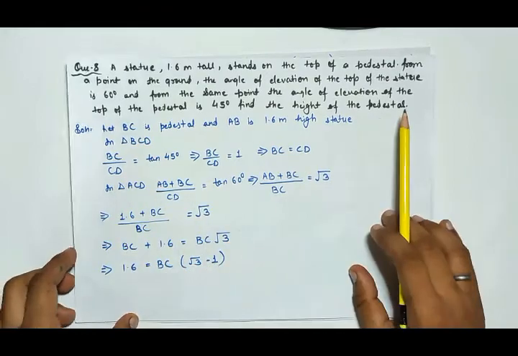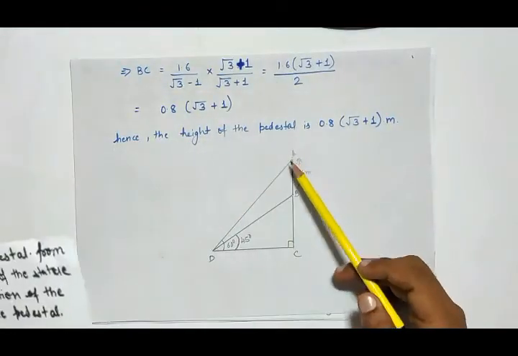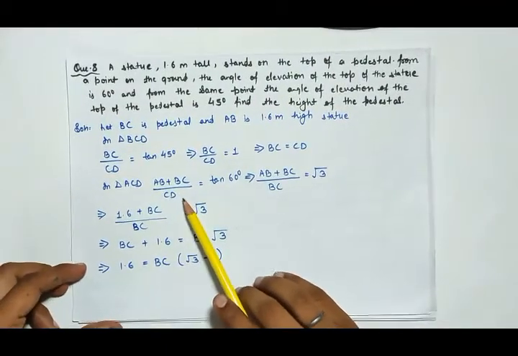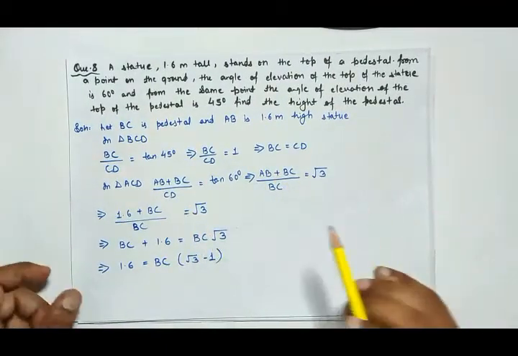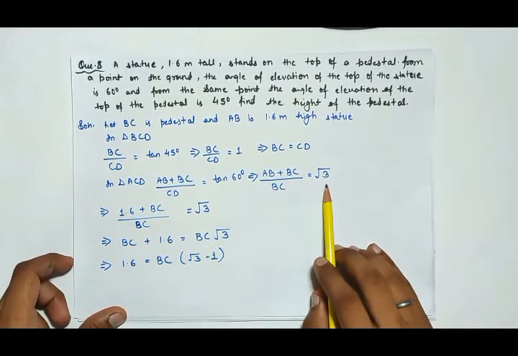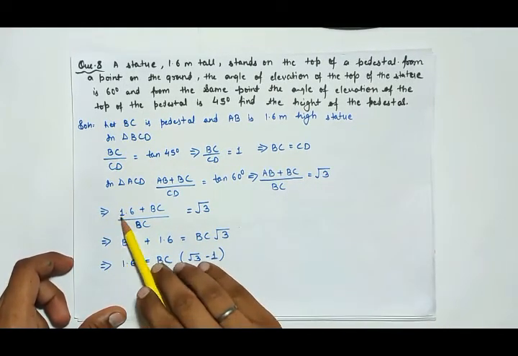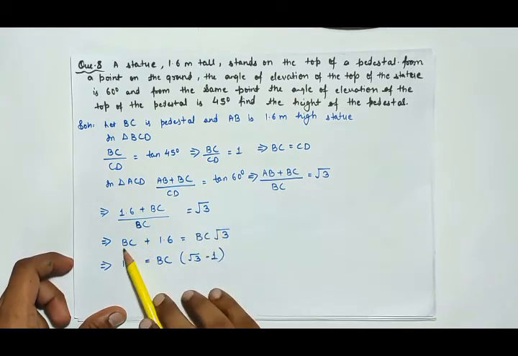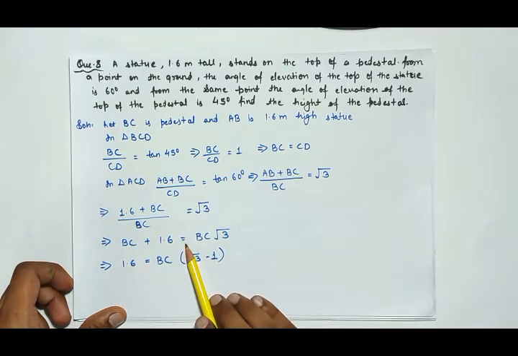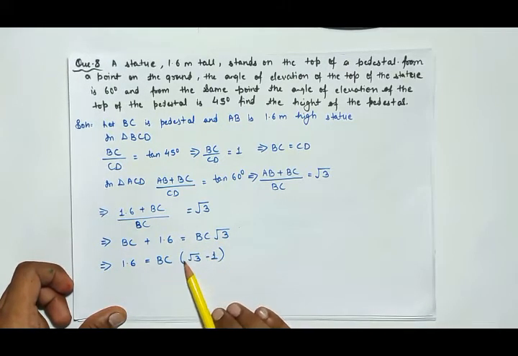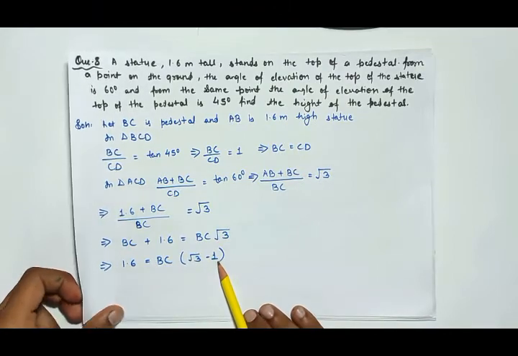In triangle ACD, AB plus BC upon CD is equals to tan 60 degrees. So AB plus BC upon BC is root 3, that is 1.6 plus BC upon BC is equals to root 3. Then BC plus 1.6 is equals to BC root 3. 1.6 is equals to BC bracket root 3 minus 1.